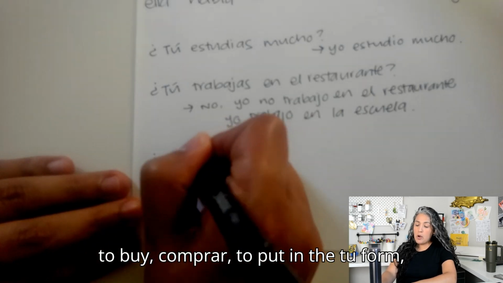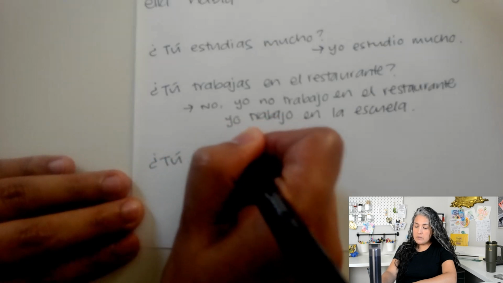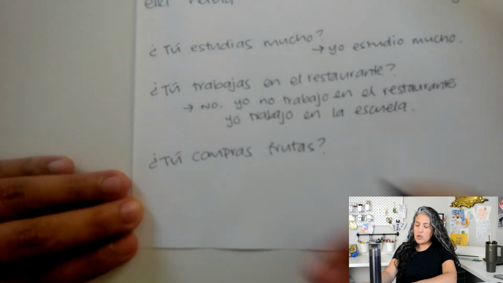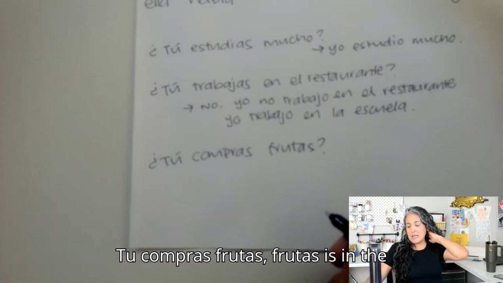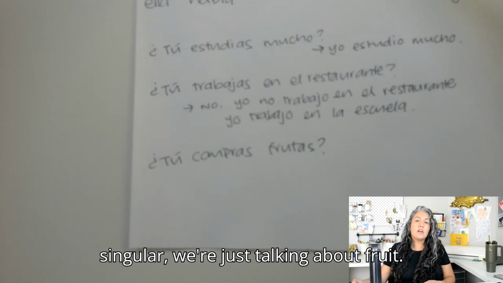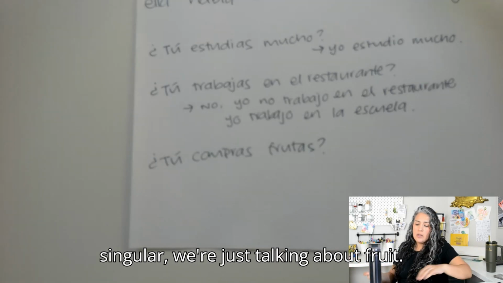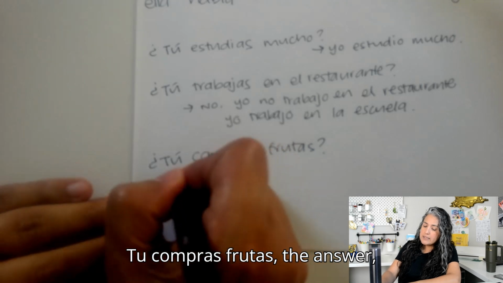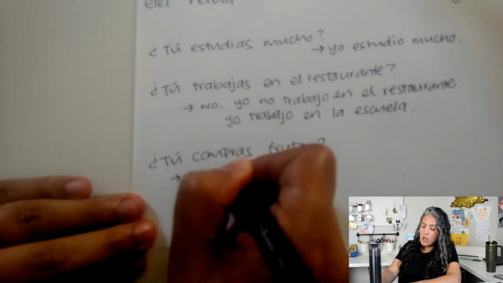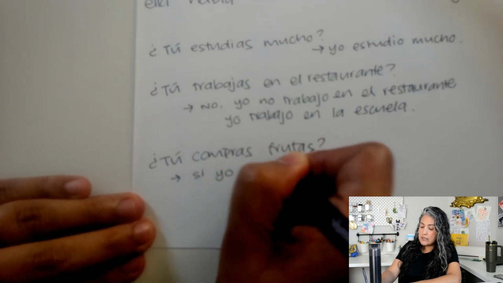To put in the tú form, compras frutas. Tú compras frutas. Frutas is in the plural. It doesn't matter. It's plural or singular. We're just talking about fruit. Tú compras frutas. The answer, yes, I buy fruits. Sí, yo compro frutas.